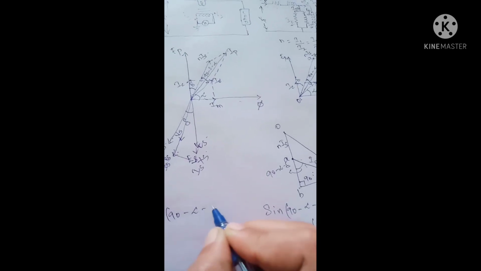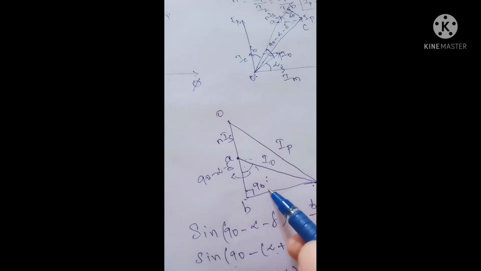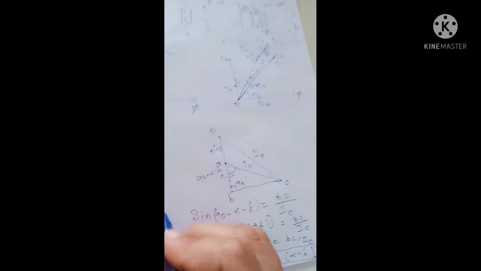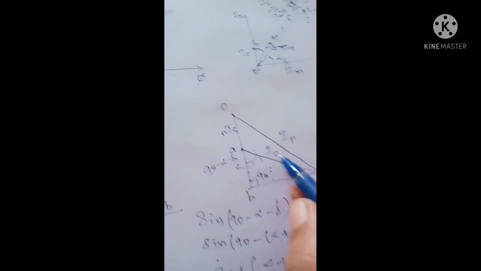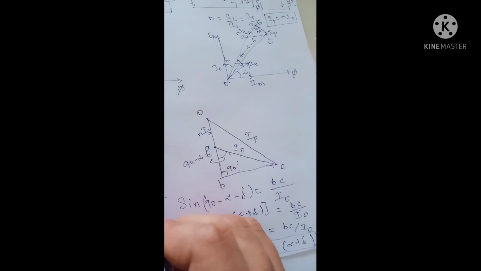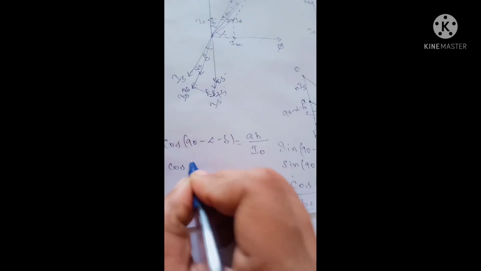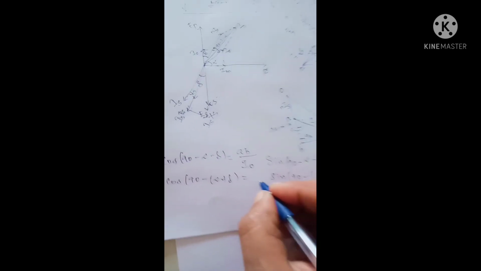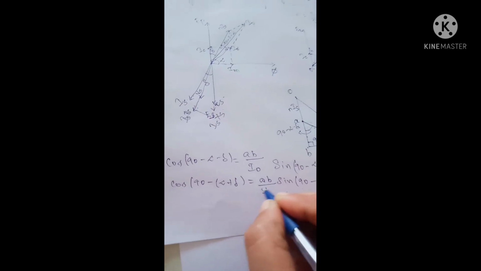And then when we consider cos of 90 minus alpha minus delta, for this angle cos theta will be adjacent side by hypotenuse. Adjacent side is nothing but AB, and the hypotenuse is AC, which is nothing but I naught. So AB by I naught. Here also, cos of 90 minus of alpha plus delta is equal to AB by I naught.